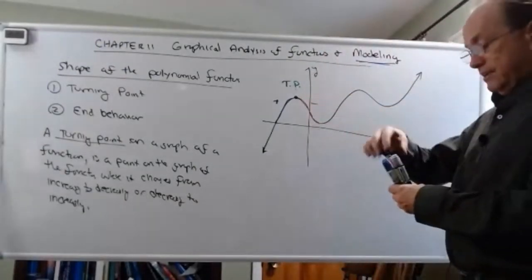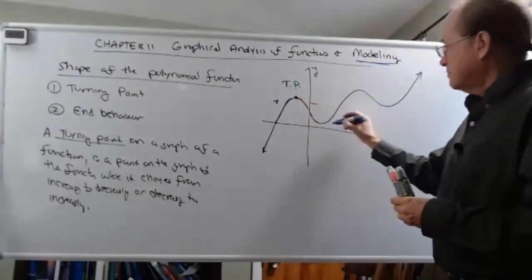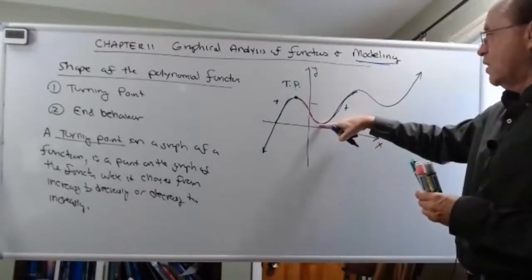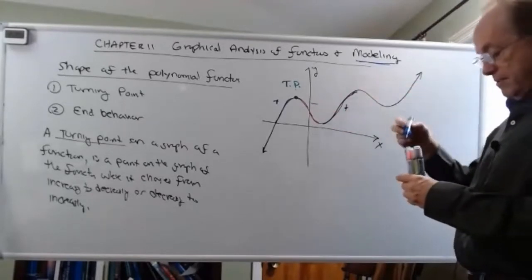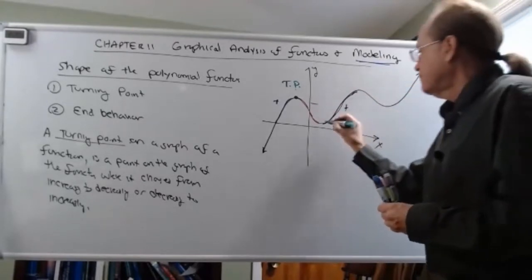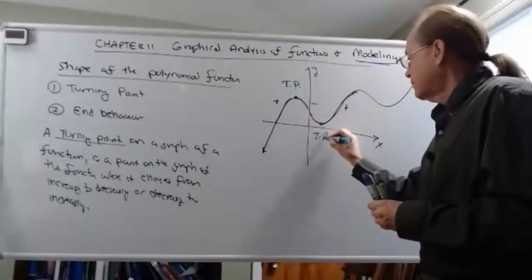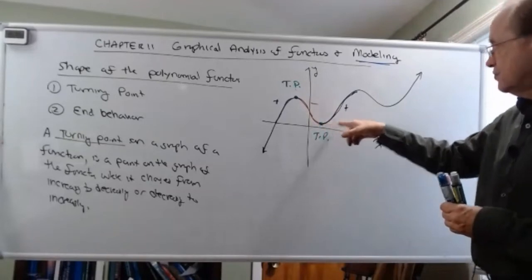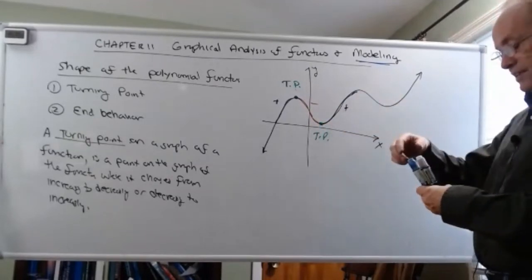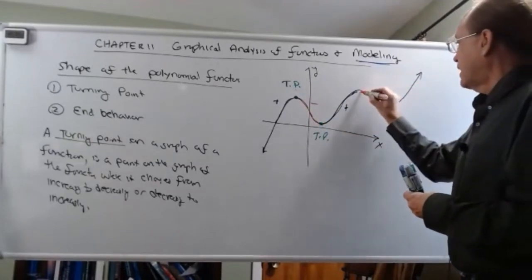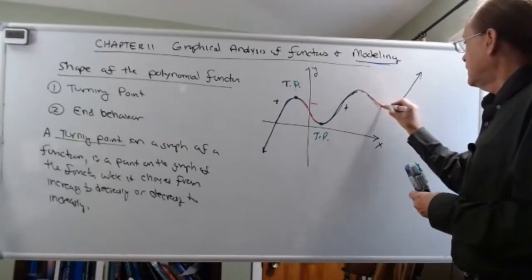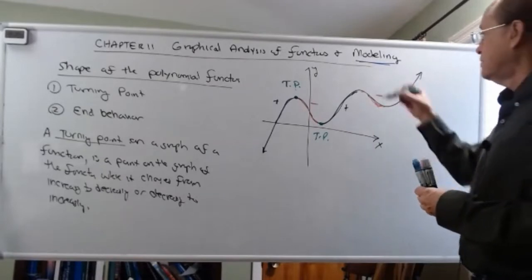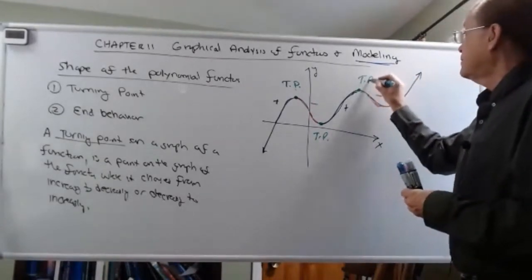Now this stays decreasing until it hits this point over here, and then I'm back to going up. So there's my low, and then my output y goes up. So over here, there's another turning point. I went from decreasing to increasing. Now I'm increasing over here, and then on the other side I go down to decreasing. So over here I have another turning point.